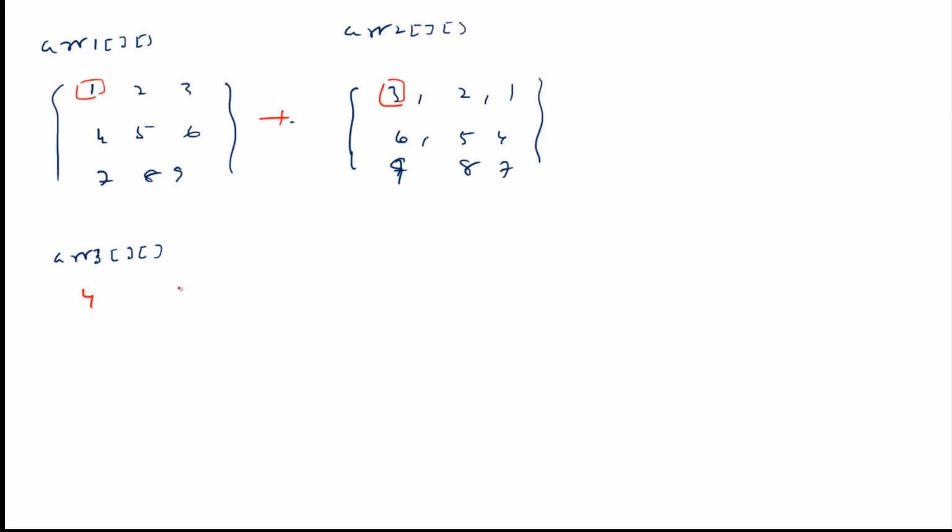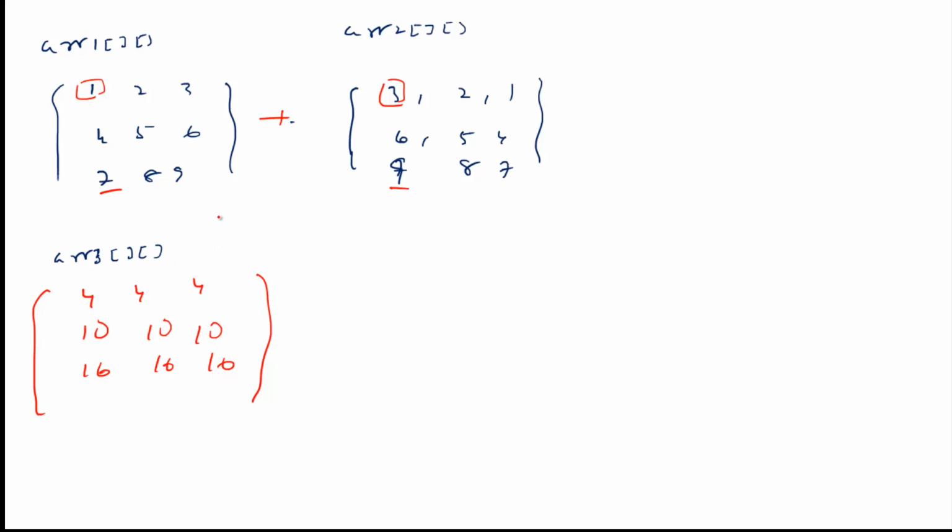So it will be 4 here, and then 2 plus 2 is 4, and then 3 plus 1 is 4, and then 6 plus 6 is 10, and then 5 plus 5 is 10, and then 6 plus 4 is 10, and then 7 plus 9 is 16, and then 8 plus 8 is 16, and 9 plus 7 is 16. So in this way the values will be added into the third matrix.